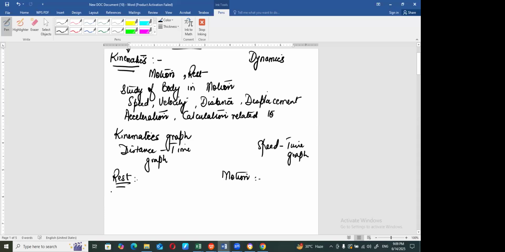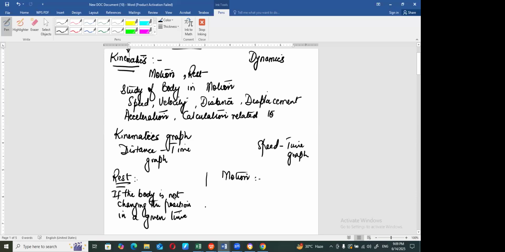In case of rest, we can say that the body is not changing its position in a given time, right?